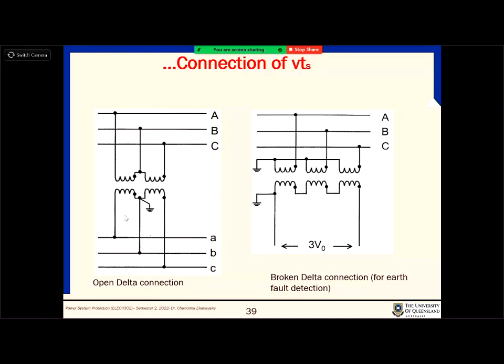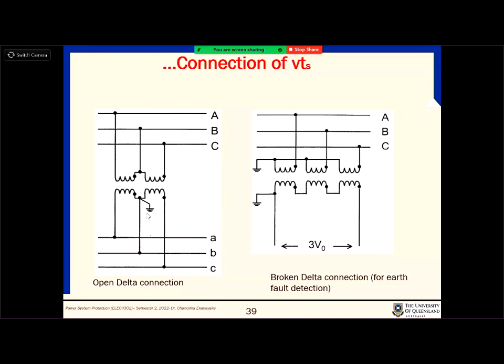But the other important thing is that in this sort of connection, the 0 sequence component doesn't exist. In line to line measurements, the 0 sequence measurement doesn't exist because the ground is not there. And on the secondary, you can see that one point is again grounded.